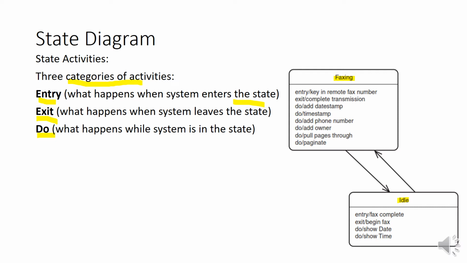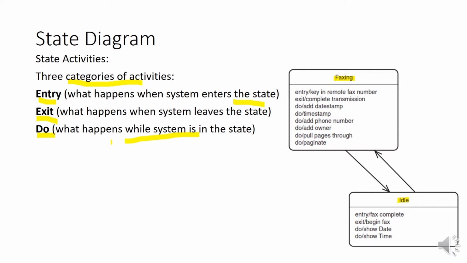Entry activity represents what happens when the system enters a particular state. Exit activity is what happens when a system leaves the state. And do activity is what happens while a system or an object is in a particular state, or when its particular state is active.